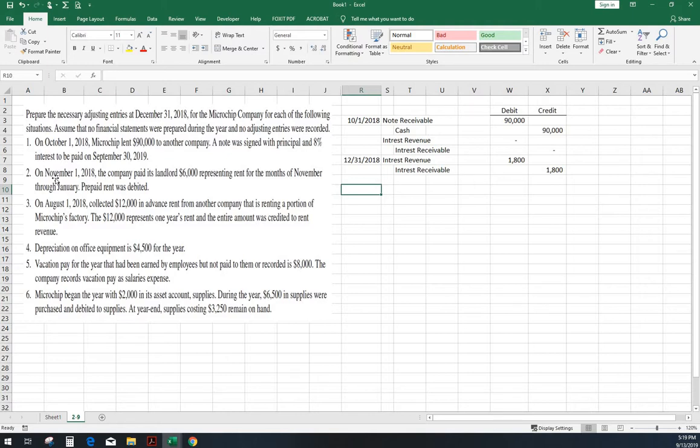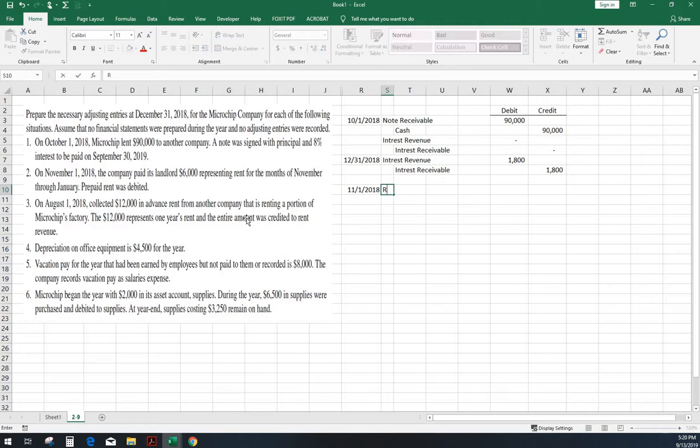Okay, so the second one, on November the 1st, 2018, the company paid its landlord $6,000 representing rent for the months of November through January. Prepaid rent was debited. Okay, so what happened in the original transaction? On 11/1/2018, we paid $6,000, and prepaid rent was debited.